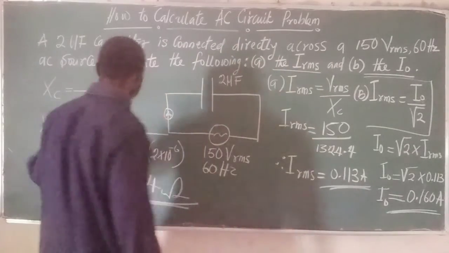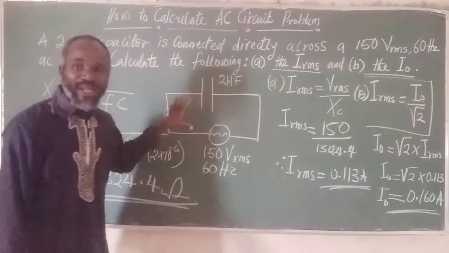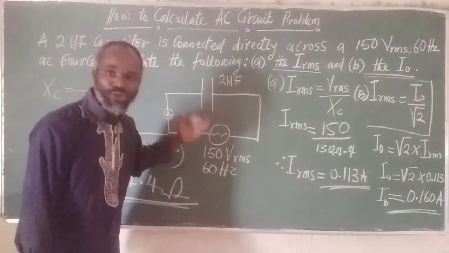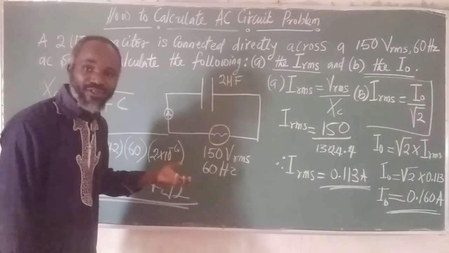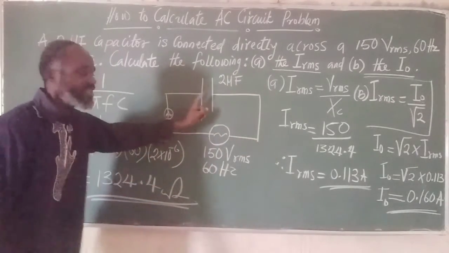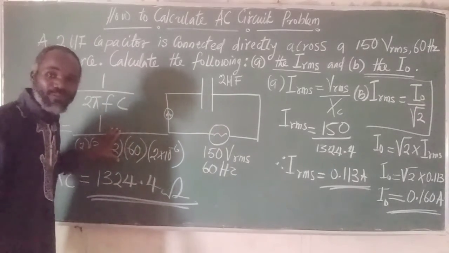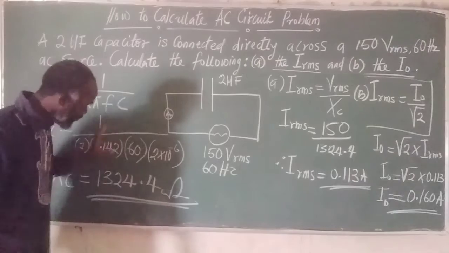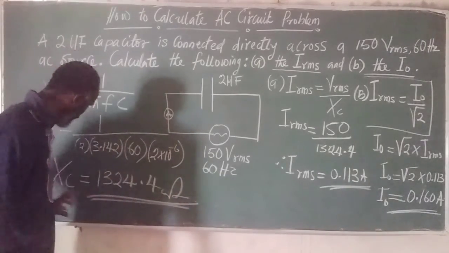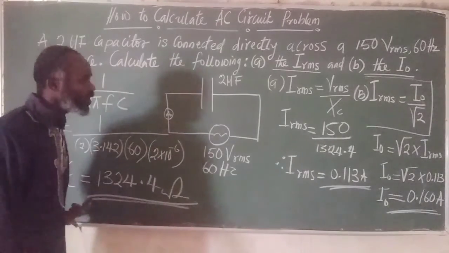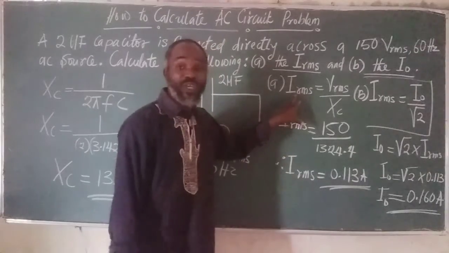Can you see how we started? First of all, we started by drawing the diagram. From drawing the diagram, we stated a formula that we used to find the capacitive reactance, and we made clear substitutions here, and then finally arrived at the value of the capacitive reactance, XC.